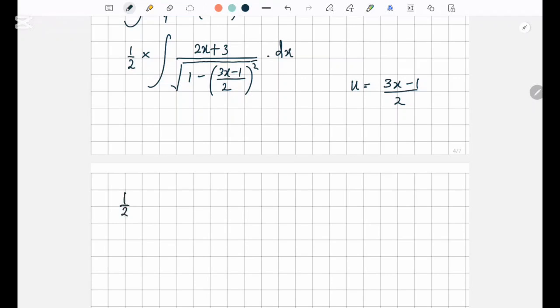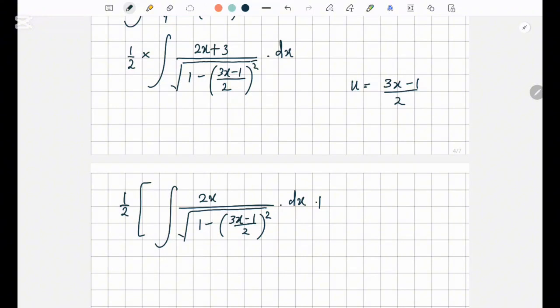So 1 over 2, you take it outside, and you should integrate 2x over root of 1 minus 3x minus 1 over 2 bracket squared dx plus 3 over root of 1 minus 3x minus 1 over 2 bracket squared dx.